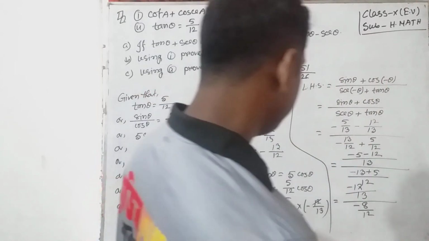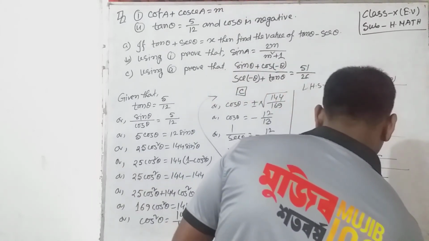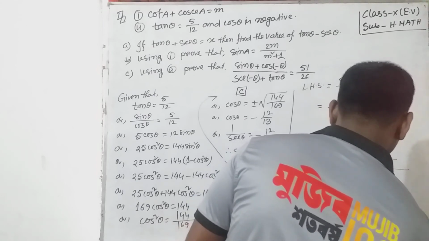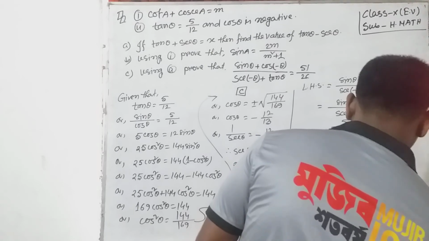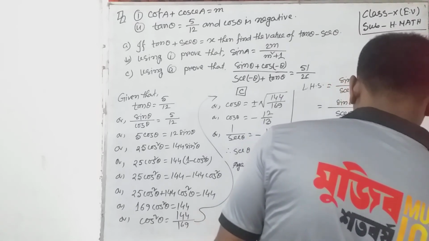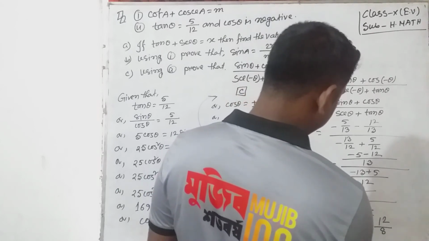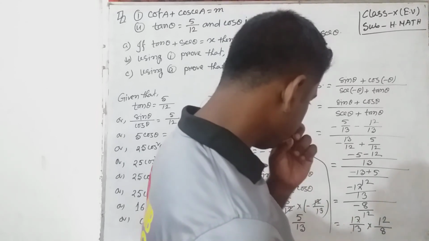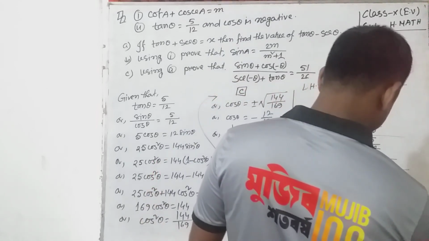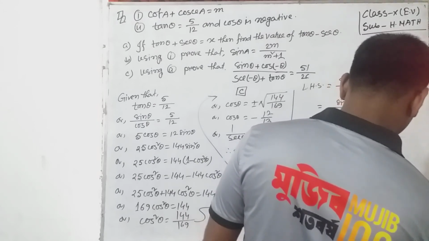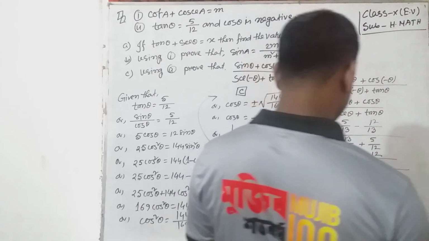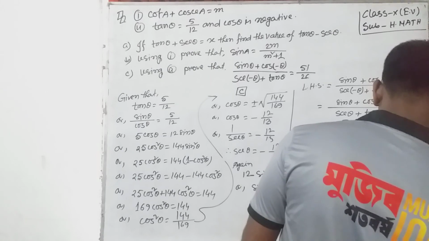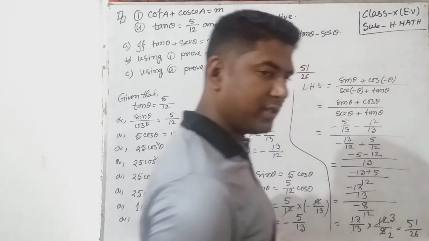Now minus 17 by 13 into minus 12 by 8. Look, this minus and this minus cancel out, so we can write 17 by 13 into 12 by 8. Now multiplying, 4 threes are 12, 4 twos are 8, so 3 times 17 is 51, and 13 into 2 is 26.